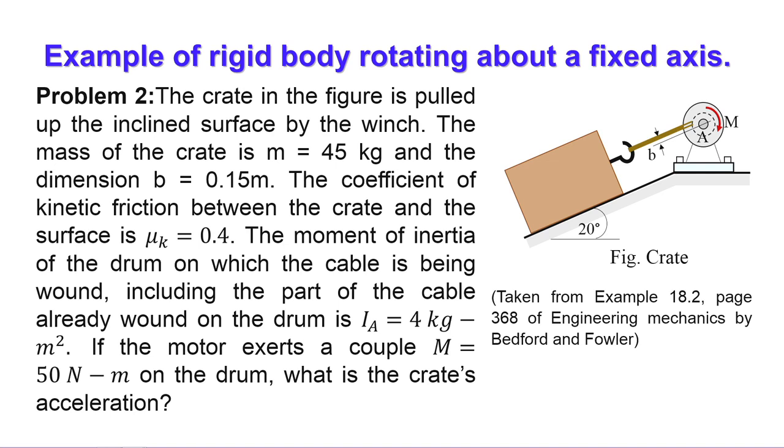The mass of the crate is 45 kg, and the dimension B, that means center of the wheel to the rope, is B, and the coefficient of friction between the crate and the inclined surface is 0.4, and the moment of inertia of the drum on which the cable is being wound is I A equals 4 kg meter square. If the motor exerts a moment of M equals 50 Newton meter, what is the crate's acceleration? This we have to find out.